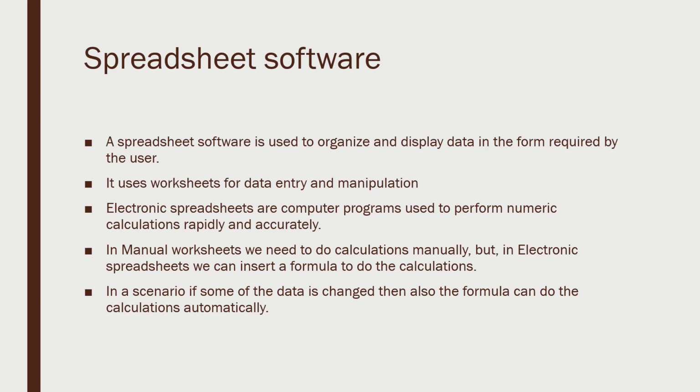So if you are using Microsoft Excel, you can just write a simple formula and all your calculations will be done. If some of the data is changed, the formula can do the calculations automatically. So if you change any value in the basic data, the calculation will not need to be done again and again. That formula will calculate it automatically.